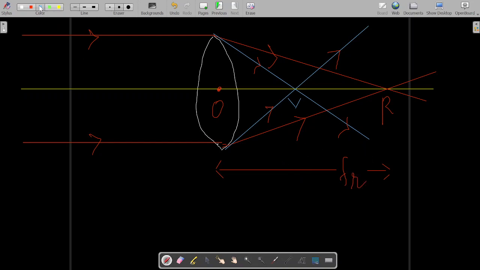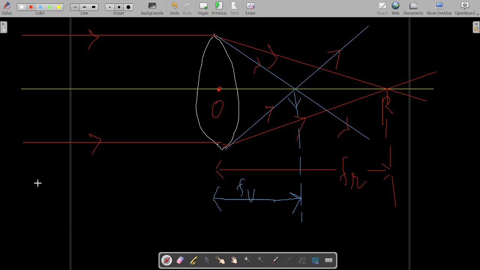And similarly, when you measure the distance from here till here, this is your FP. Okay. So in this manner you can understand the situation.